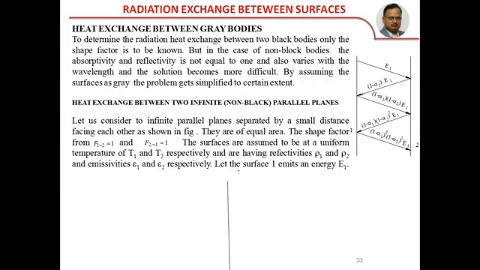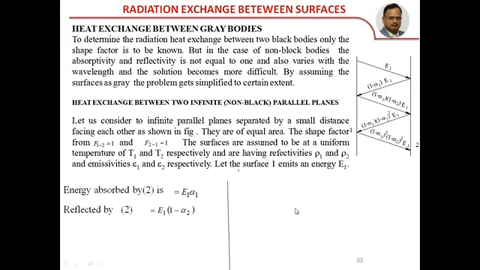The amount of energy emitted by body 1 is E1, and that E1 energy will come on body 2, and this body 2 will have an absorptivity, say alpha 2. So E1 alpha 2 is absorbed, and the amount of energy reflected by this is E1 into rho 2, body 2.